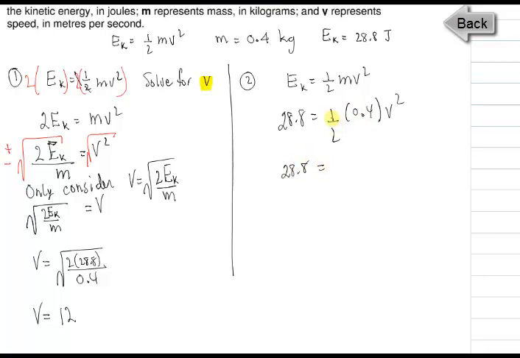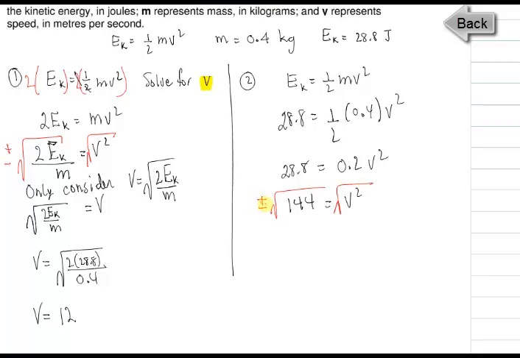You are going to take one half of 0.4, which is 0.2. And then you're going to divide both sides by 0.2. And you will get 144. And then you will square root both sides again.